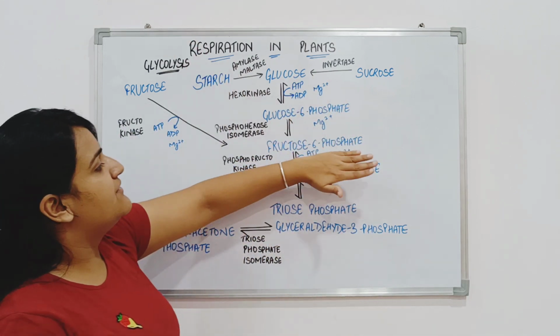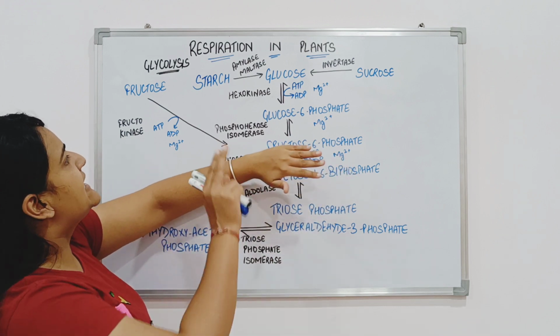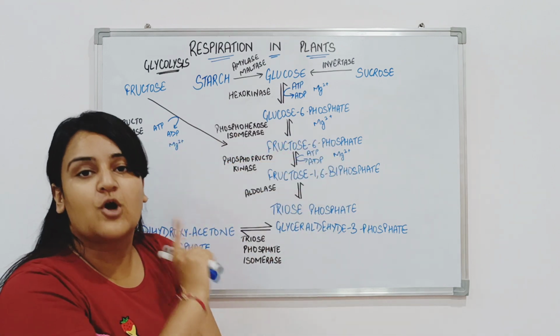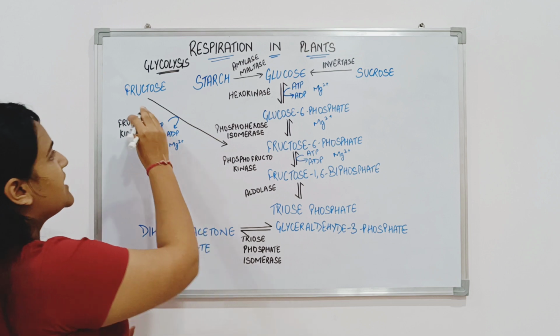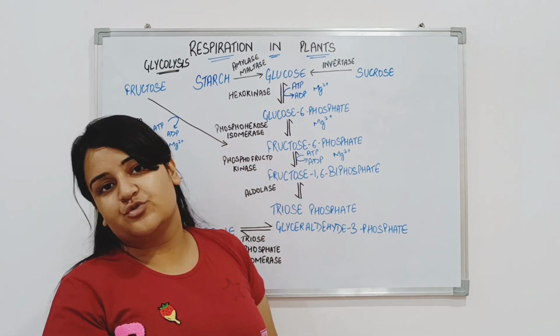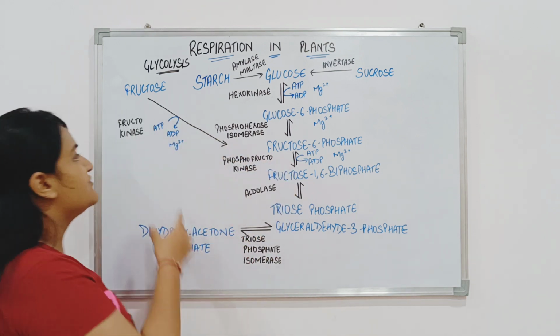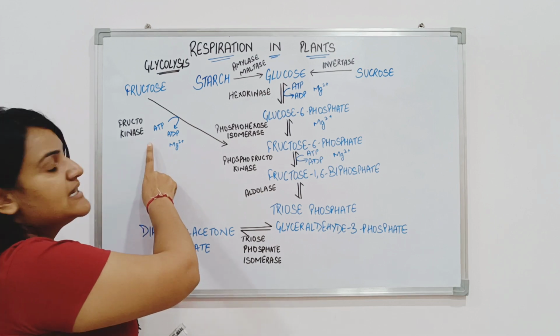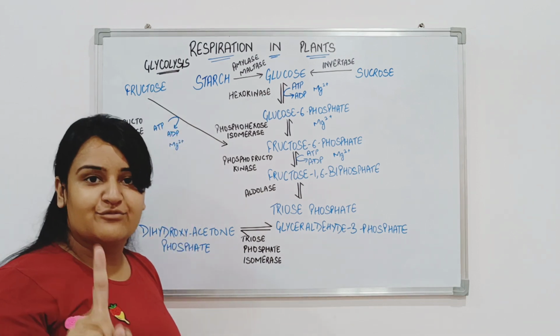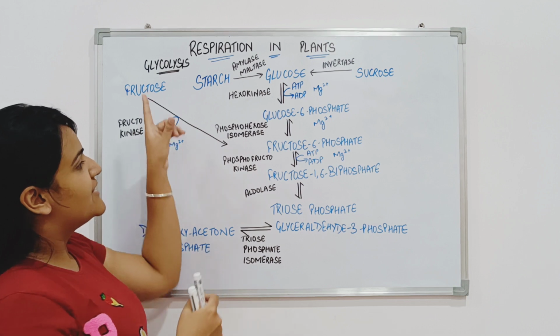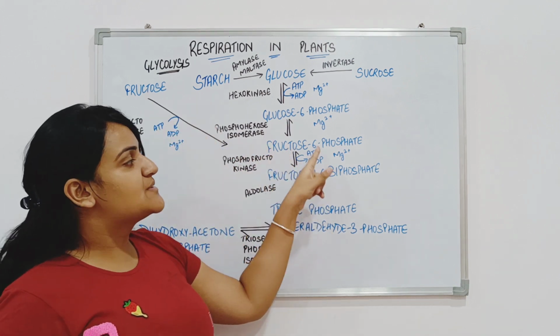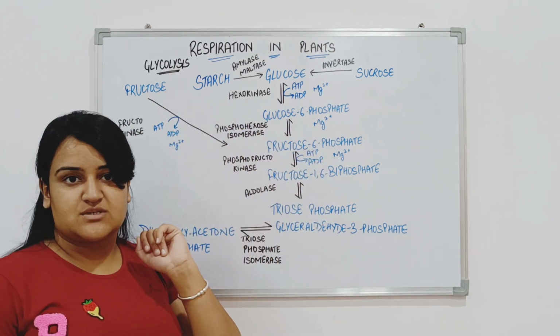Now, till here we have done, right? In case fructose is the product of photosynthesis, fructose will directly get converted to fructose 6-phosphate with the help of ATP, which is converted to ADP, 1 phosphate used, and that 1 phosphate attaches to the 6th position of this fructose, right?